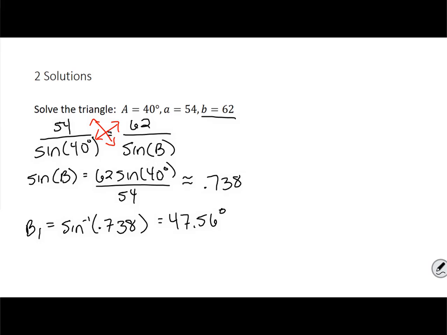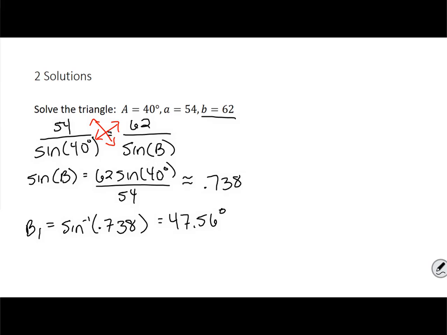Now again, sine is positive in both quadrant 1 and quadrant 2, and I could have an angle theoretically for angle B that lives in quadrant 2, since quadrant 2 only stops at 180 degrees.